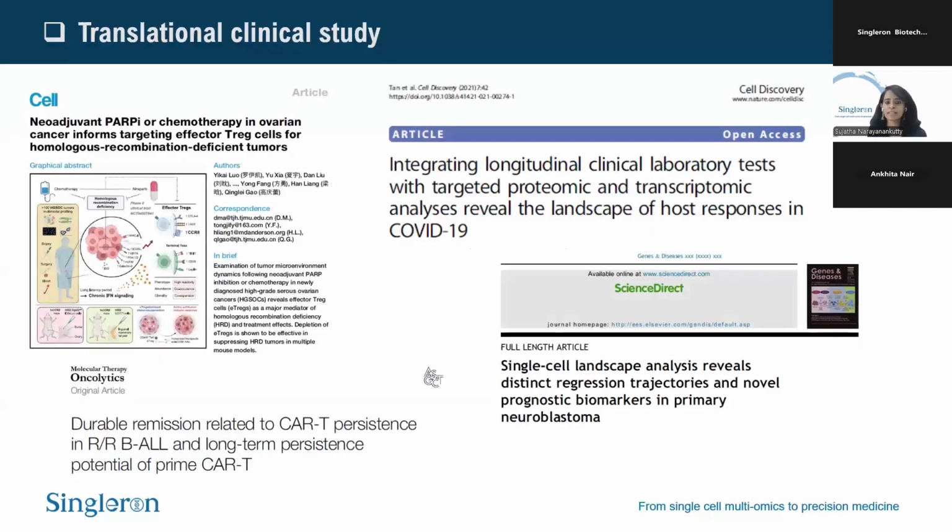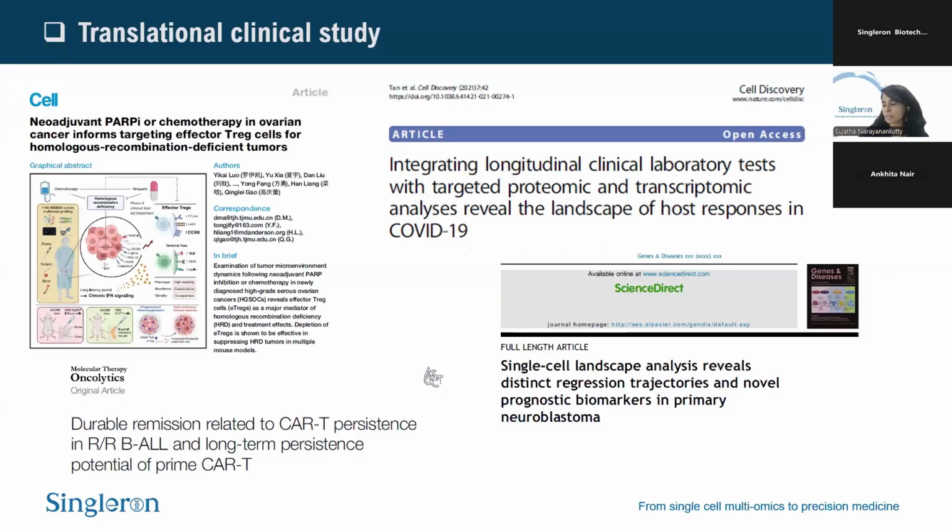And so just before we end, I'm flashing different studies that have used single cell work in clinical research. Say you're working on ovarian cancer, you want to understand if the Treg cells are actually inhibiting your chemotherapy, or if you want to see how the different trajectories are or novel biomarkers can be detected in diseases such as primary neuroblastoma.